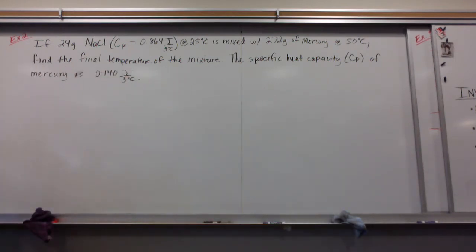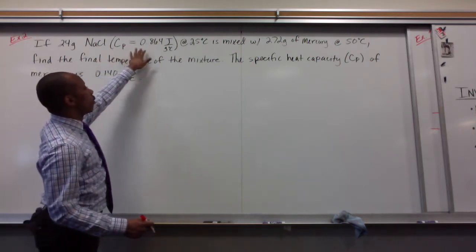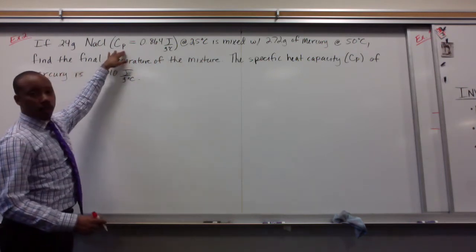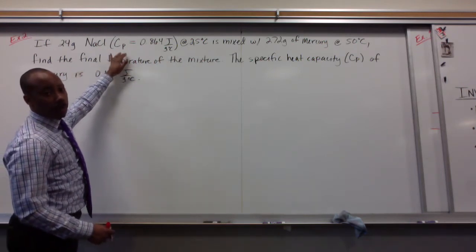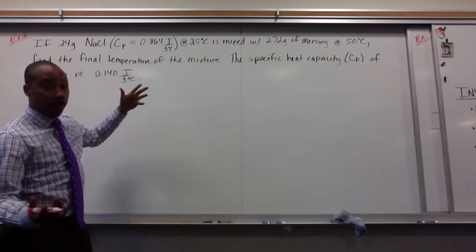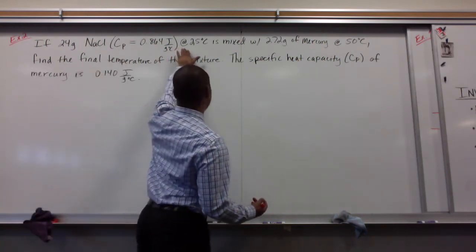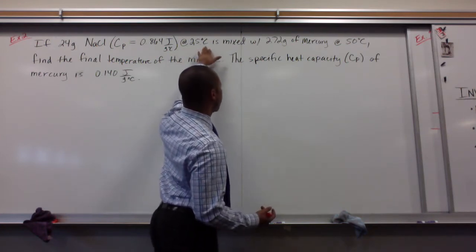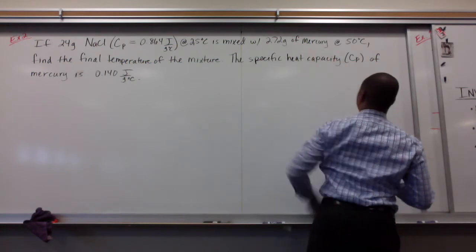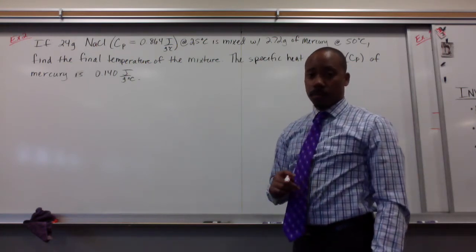Different problem. If 24 grams of sodium chloride with a specific heat of 0.864 joules per gram degree Celsius, that's the symbol for a specific heat, C sub P. We've been calling it just C, but sub P can be put in. This sodium chloride is at 25 degrees Celsius, and it's mixed with 272 grams of mercury at 50 degrees Celsius.